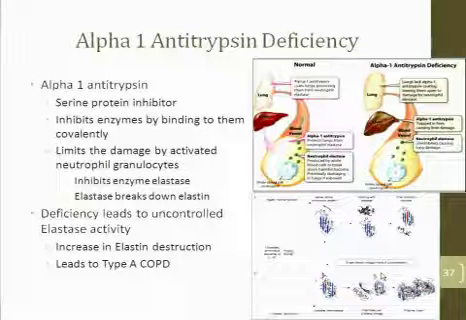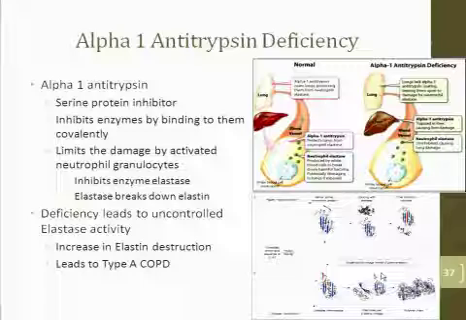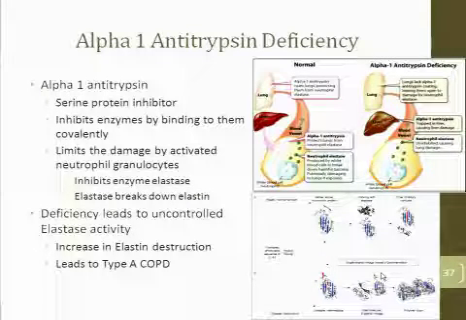She's just lucky. There's other people that have what's called alpha-1 antitrypsin deficiency, which accounts for about 2% of the population. And when you have this problem, it's a serine protease inhibitor. It basically causes you to develop severe damage very rapidly from activated neutrophil granulocytes. So normally this alpha-1 antitrypsin inhibits that activity.